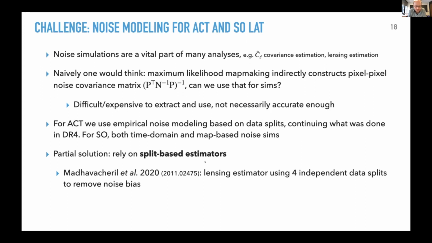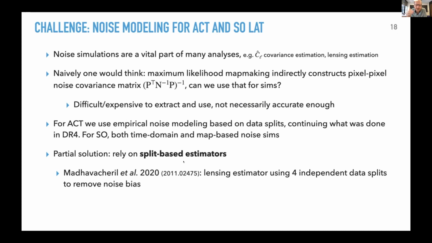and a bit about what we could do in the future. I should note that one partial solution to this noise modeling problem is relying on what I call split-based estimators. So with a split, I just mean a split of the data into two or more parts that have independent noise. I think we're all familiar with using a cross-correlation estimator for the power spectrum, which avoids the noise bias from the noise.